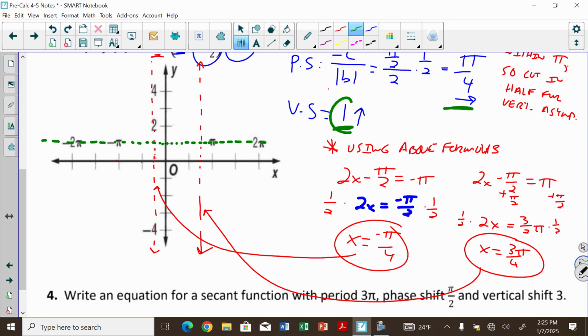But because of this vertical shift, it's going to move up 1. And we usually start at 0, 0, but we're going to start at pi over 4 because we're shifting. So our starting point is actually going to be right here for the sine graph.